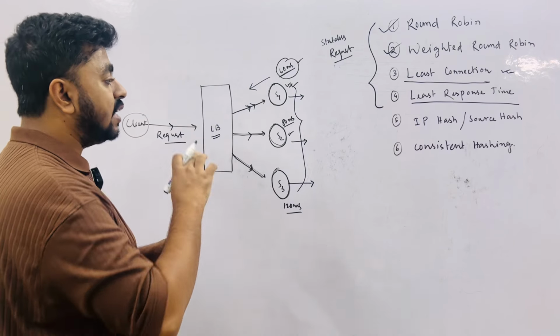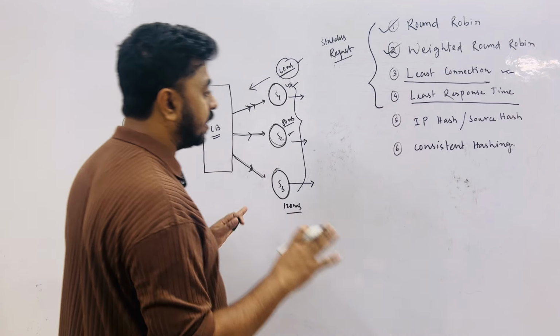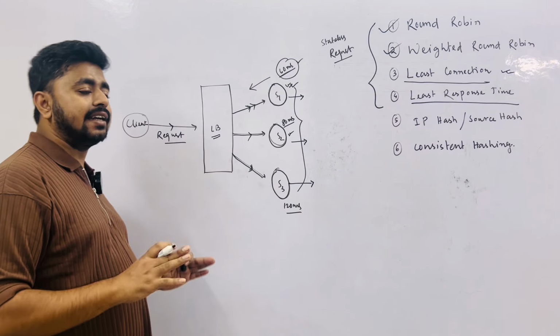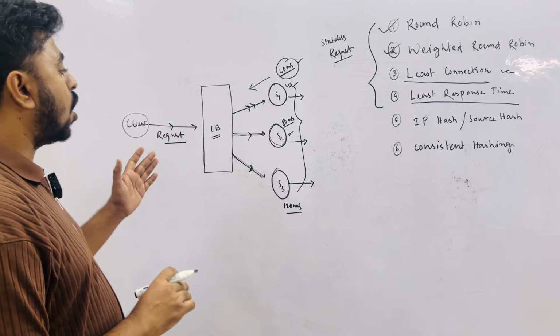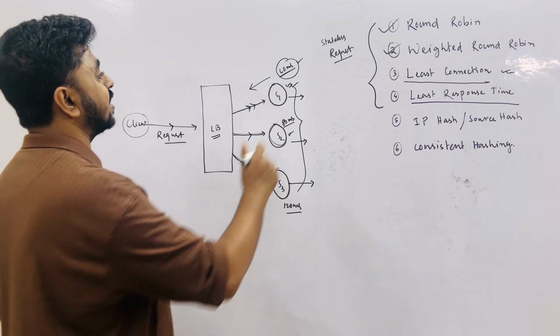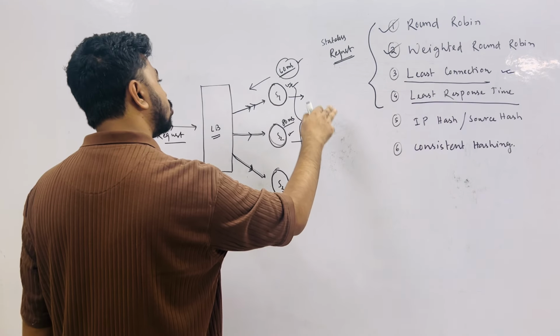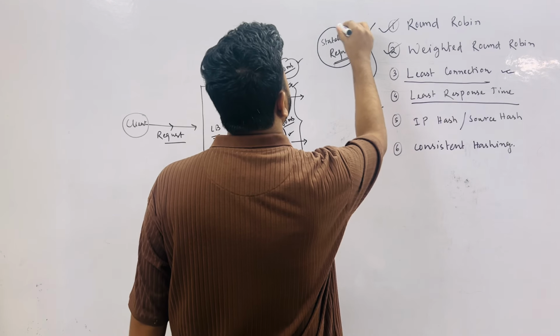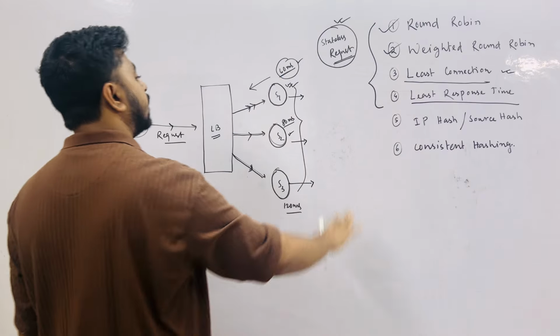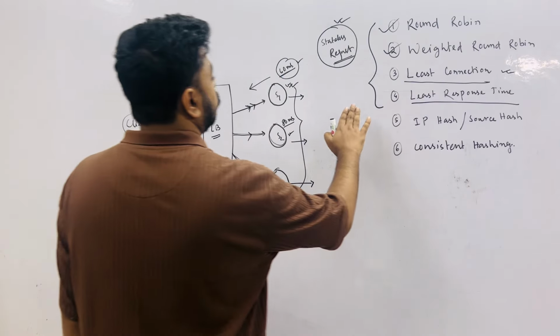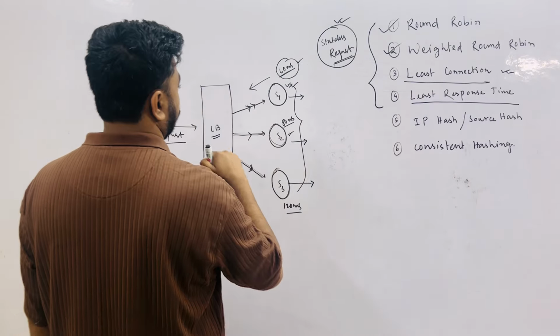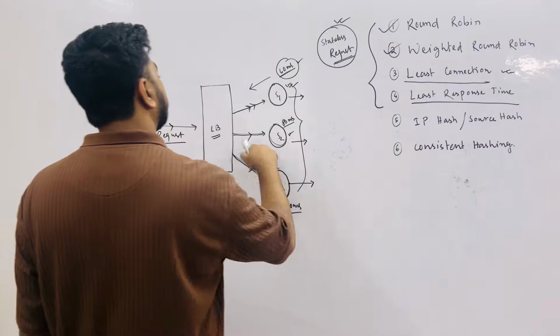Each request can be served independently, without any data or context stored from the previous request. That is called a stateless request, because all these algorithms are not storing any particular data on the server.